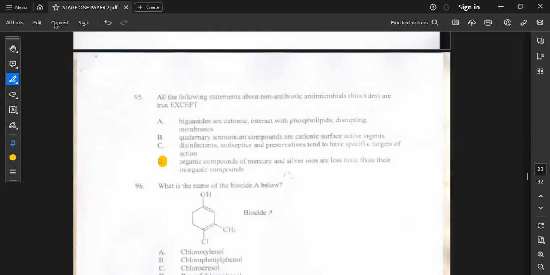Some applications of surfactants: they are used as detergents, emulsifiers, foaming agents, wetting agents, and in biological applications. For biological applications, they're used in pharmaceuticals and cosmetics. They also play a role in biological systems, such as the functions of cell membranes.